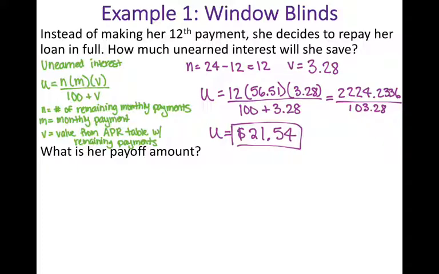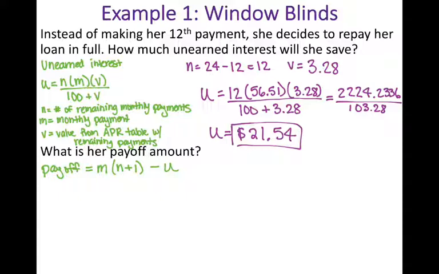Payoff amount. Payoff amount also has a formula, which I'm going to write down in green. Payoff is going to equal M, the monthly payment, times the number of monthly payments you have left plus 1, because it has to include the current month, minus the unearned interest.